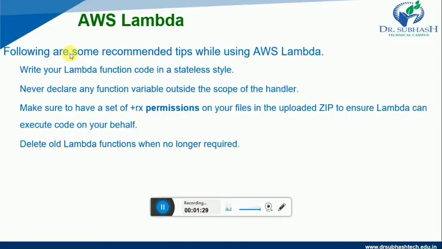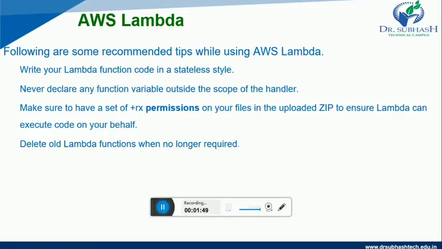Now let us see, there are some recommendation tips while using AWS Lambda. Write your Lambda function code in a stateless style. Never declare any function variable outside the scope of the handler.